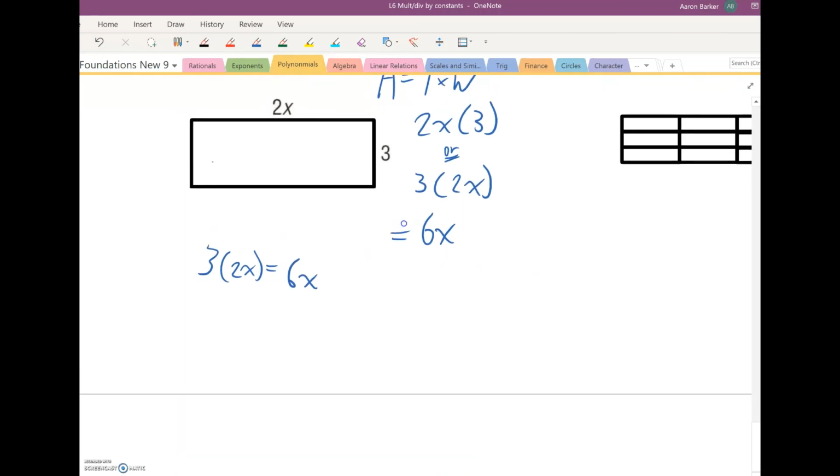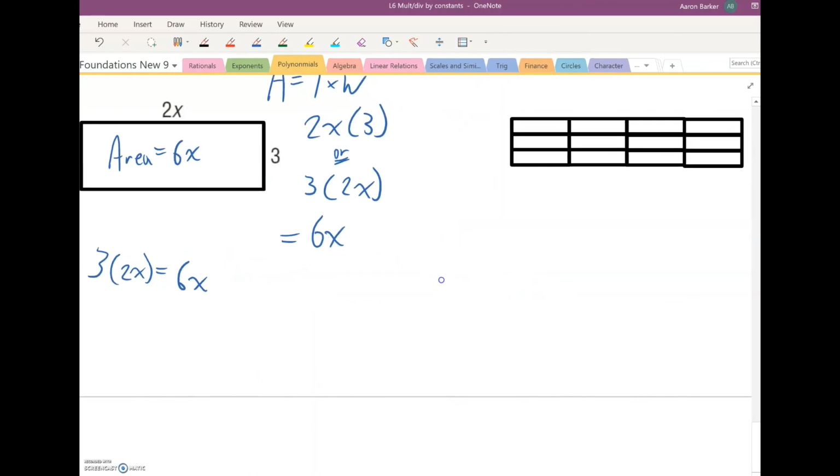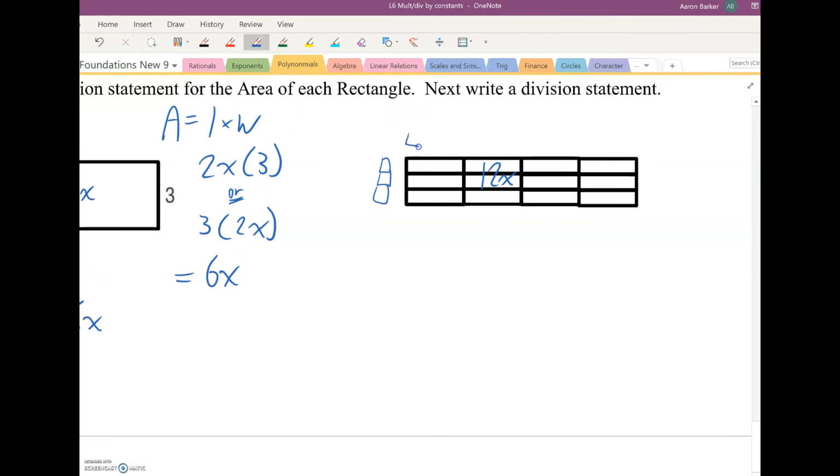So when you're finding the area, it's length times width, it's a multiplication. Here we have the area. Here we have 12x. So here I could divide it into 3 groups. 1, 2, 3. And up top, I would get then this length, 1, 2, 3, 4.